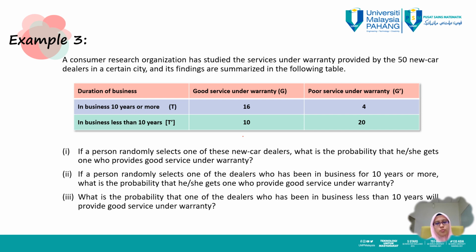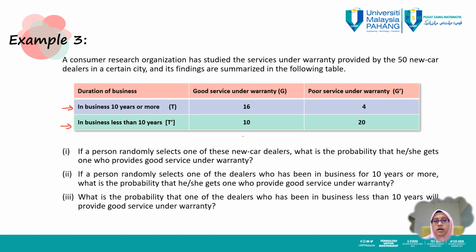Alright, how about we try this example? A consumer research organization has studied the service under warranty provided by the 50 new car dealers in a certain city, and its findings are summarized in the following table. So we have a business that is more than 10 years and less than 10 years.